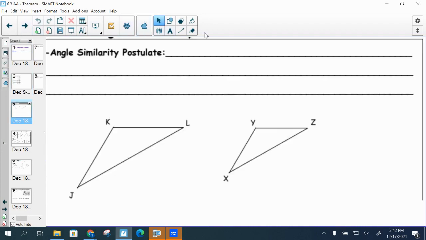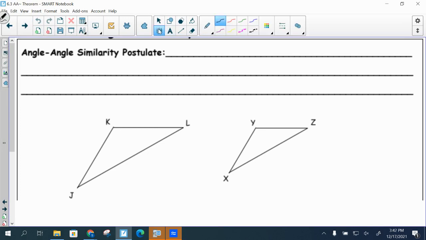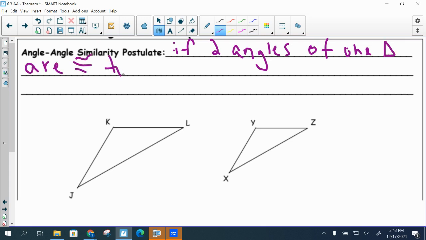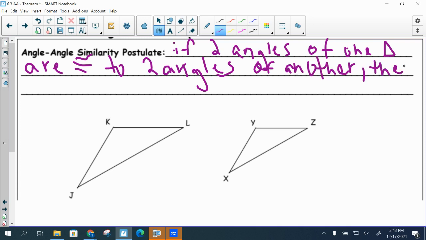So it says the angle-angle similarity postulate says that if two angles of one triangle are congruent to two angles of another, then the triangles are similar.